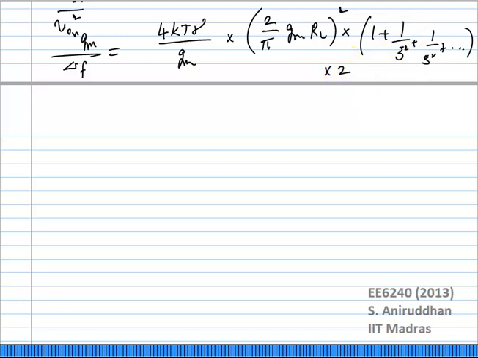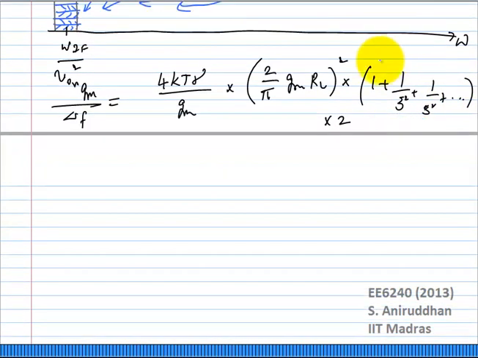So, as it turns out, this factor happens to be pi squared by 4, right? So 1 plus 1 by 3 squared plus 1 by 5 squared plus so on happens to be pi squared by 4.